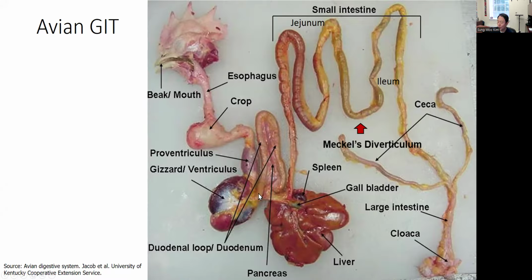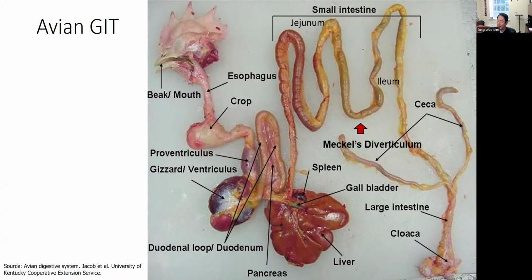Okay? And right after the ventriculus, you see the section of the small intestine mainly attached to the pancreas. It looks like a loop connected to itself. So we call that the duodenal loop, and the section of small intestine surrounded by and connected to the pancreas is called the duodenum. This looks very different from the mammals that I showed you on the previous slide.